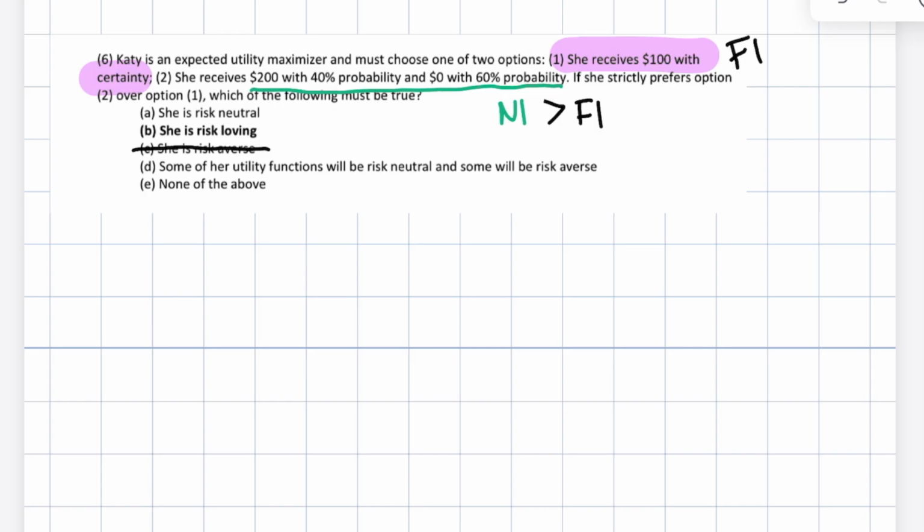However, since we want to find out if she could possibly be risk neutral, we have to decide if she would choose to not insure or fully insure as a risk neutral individual. What do we do when we're risk neutral? We compare our expected utility under no insurance to under full insurance, and that tells us which one we choose.